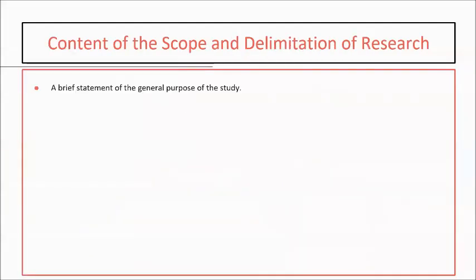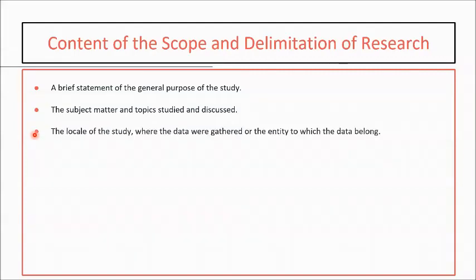A brief summary or statement of the general purpose of your study, also the subject matter and topics that are studied and discussed. Ano lang yung mga i-discuss sa topic, ay yung nakalagay sa scope. Also, the locale of the study, where the data were gathered or the entity to which the data belong.